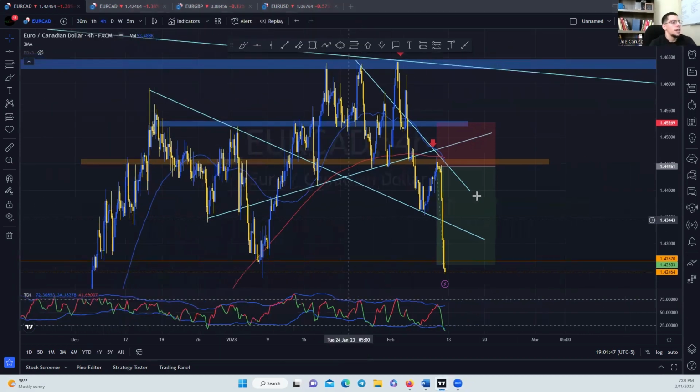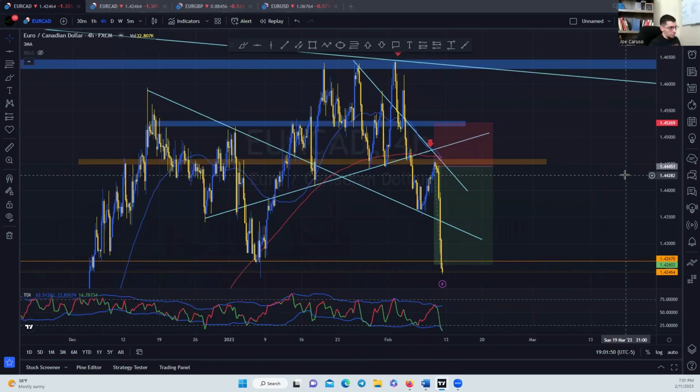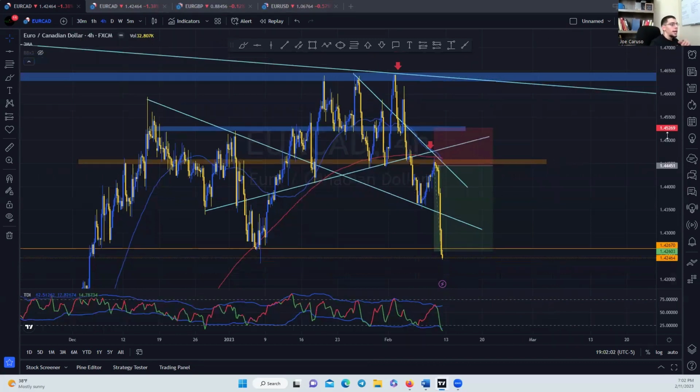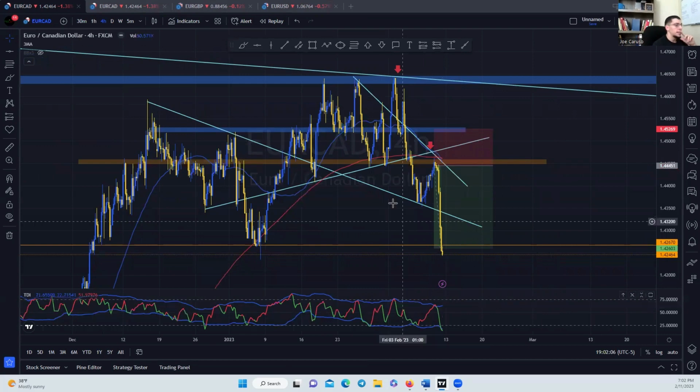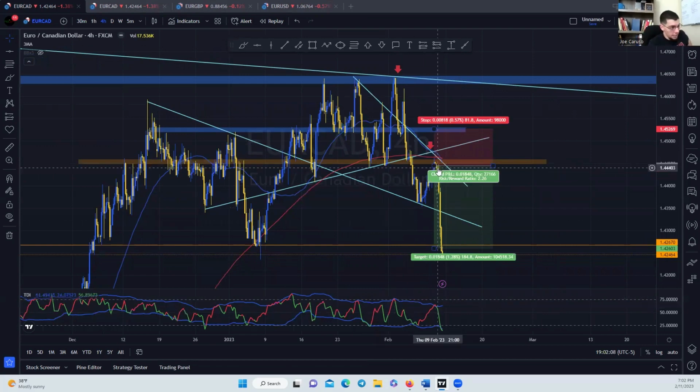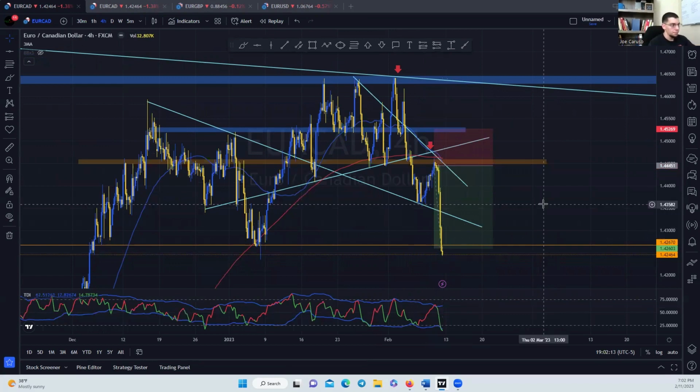So this is Eurocad on the 4-hour time frame. This trade had a lot of confluence on the higher time frames, on the weekly, on the daily, on the monthly. I previously did a trade breakdown video where I called a trade up at the top. And this trade was a continuation of that move, basically getting in at the higher low, which continued down to make a lower low.